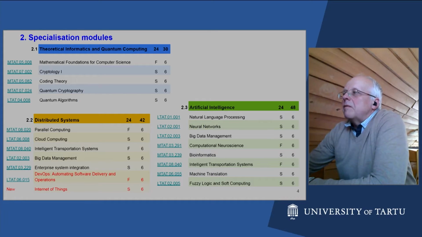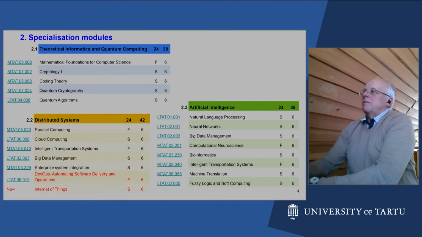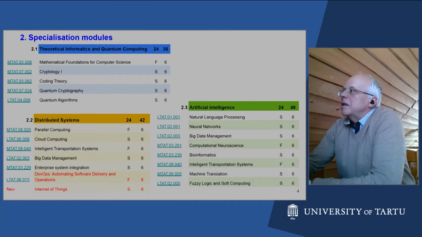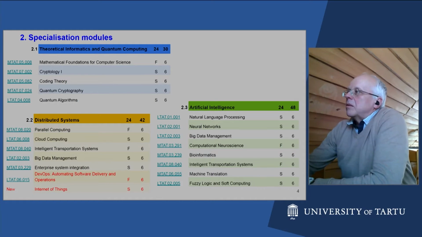Also, DevOps is one of those courses we're dealing with here, and now Internet of Things is a cool thing as well. In artificial intelligence, you can actually have some sub-choices from natural language processing, like neural networks, and also bioinformatics and machine translation, fuzzy logics as well.